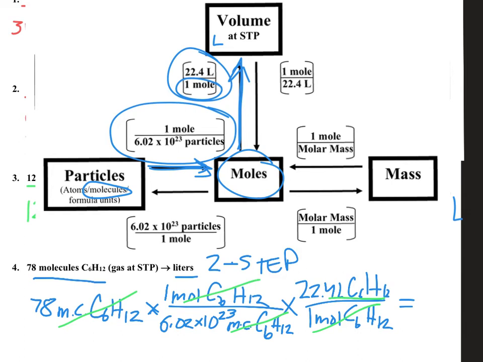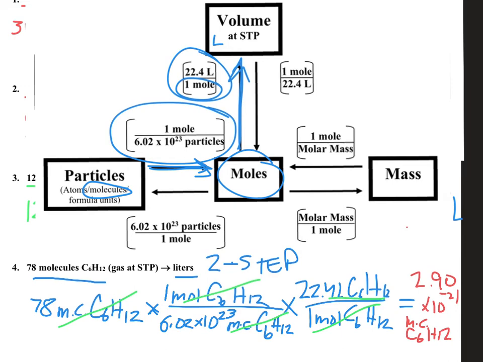And what you end up getting is about 2.90 times 10 to the negative 21st power. And that is molecules of C6H12. Sorry, I had to squeeze it in there.